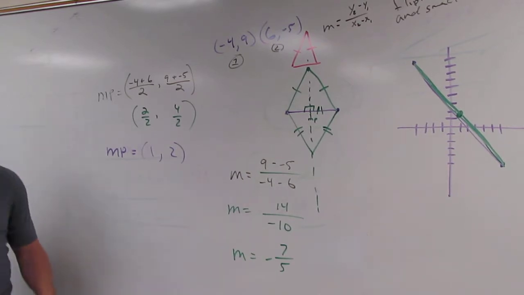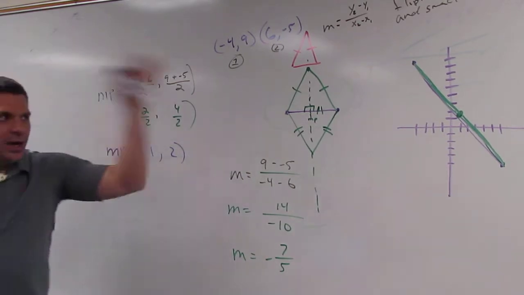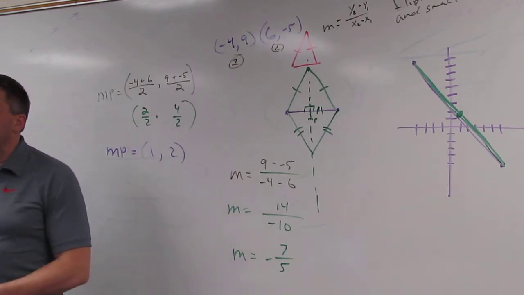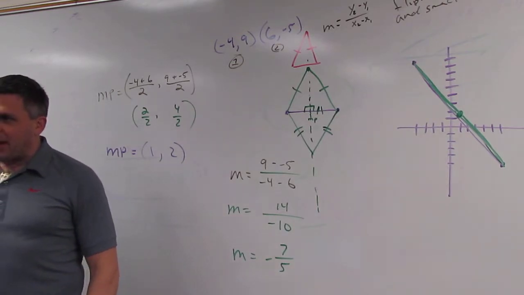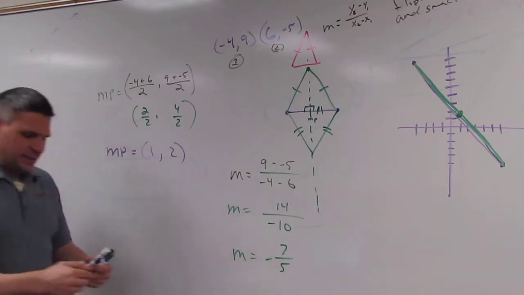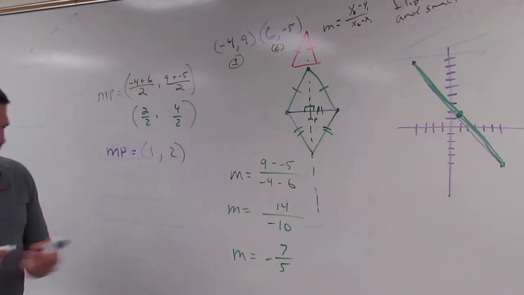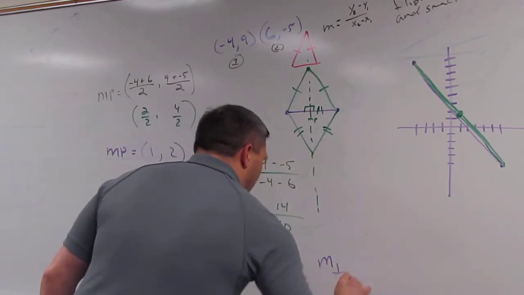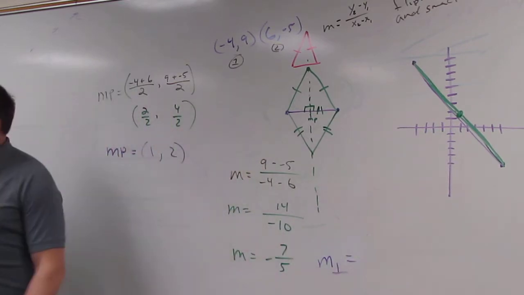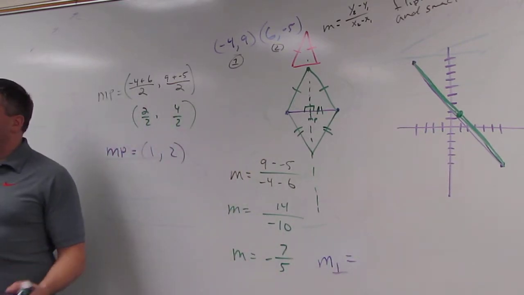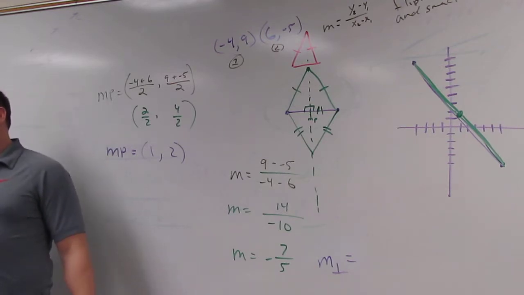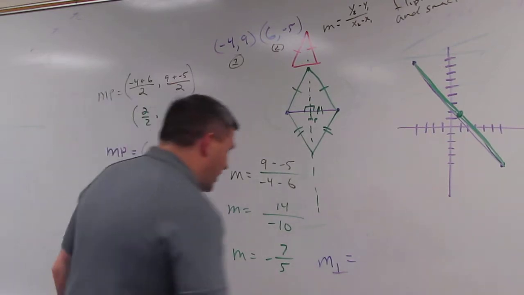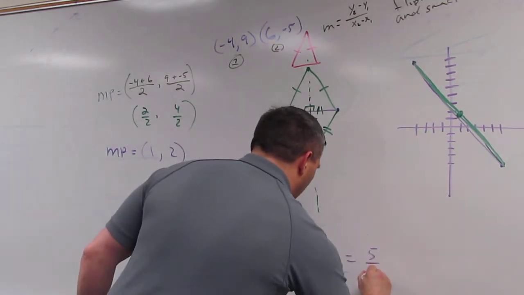Now I don't need the y equals mx plus b, because all I care about is perpendicular. And perpendiculars don't care where they go through the y-intercept. All they care about is this flipped. So what I need is m perpendicular. And remember, m perpendicular is just the opposite inverse of m. Or flip and smack it. So again, flip it and smack it.